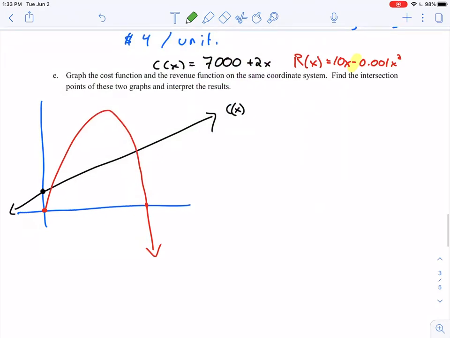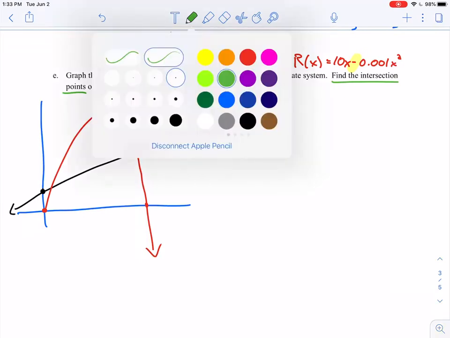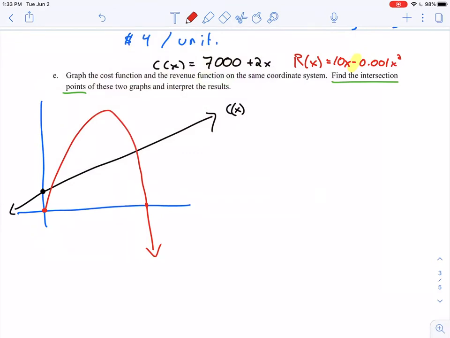The other thing I was asked to do was to find the intersection points of these two graphs. So what are the coordinates of this point and this point? I'm going to take these two functions and set them equal to each other, because if they intersect, that means they have the same x value and the same y value. So I'm going to take my cost function, c of x, and set that equal to my revenue function.